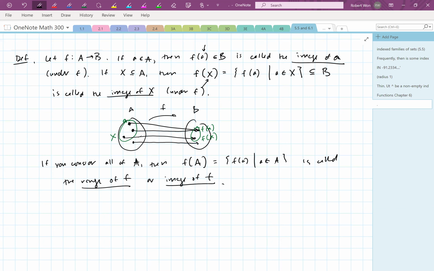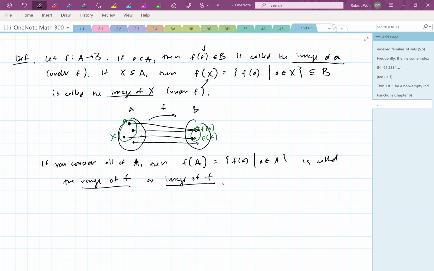This is the definition of range. The definition of range is all the things that actually occur as outputs. The codomain could be bigger. The codomain is just a space where all of the outputs naturally live.